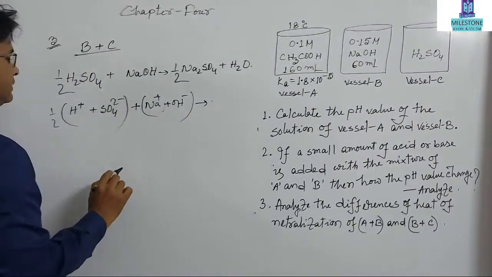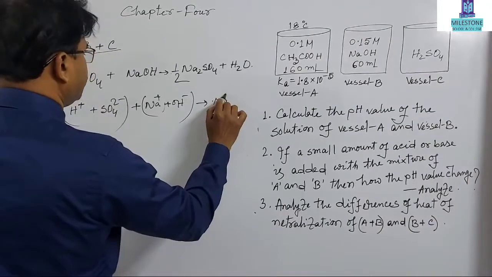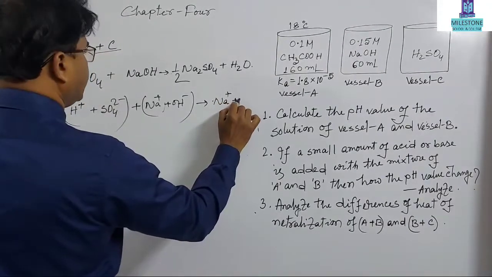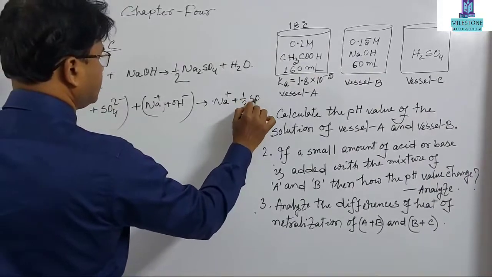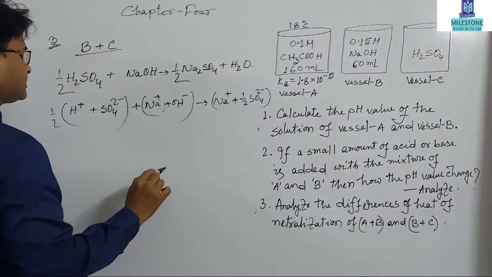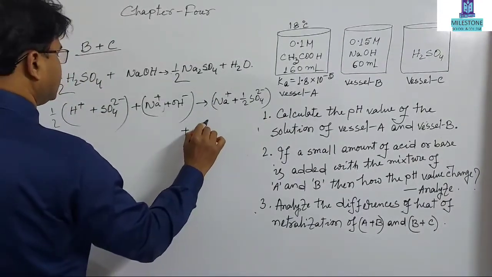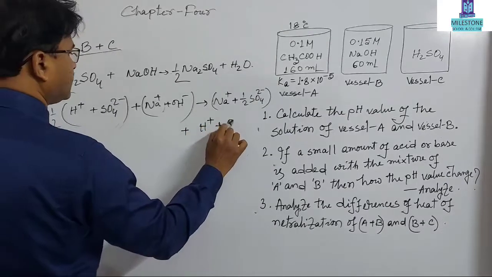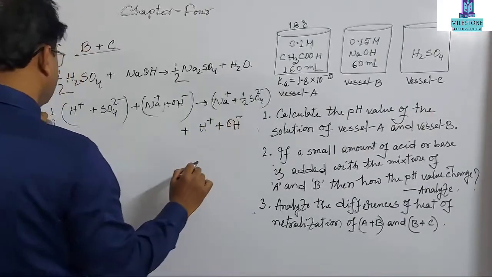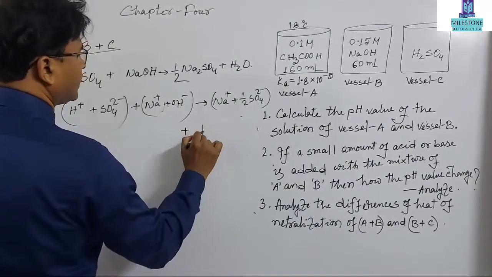Here the sodium ion and sulfate ion exist in the reaction system as spectator ions. Only hydrogen ion and hydroxide ion combine together to produce water.